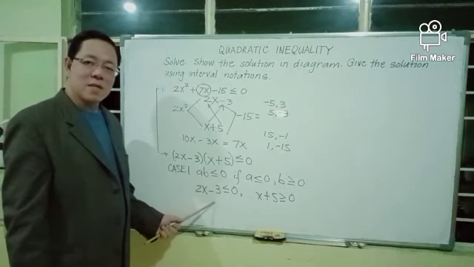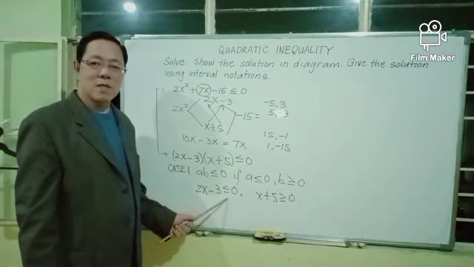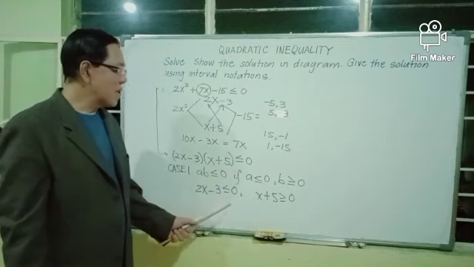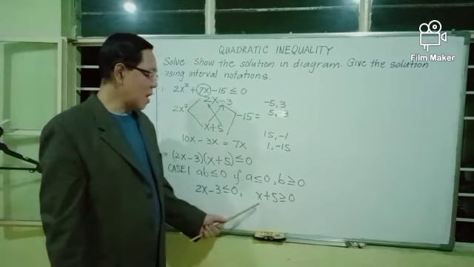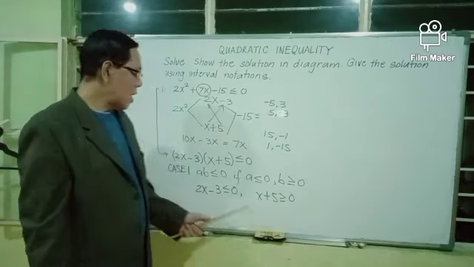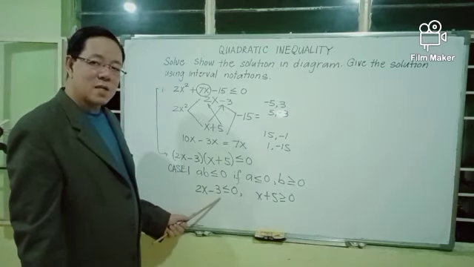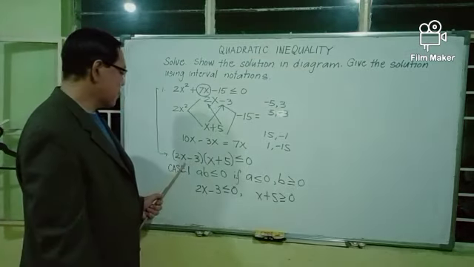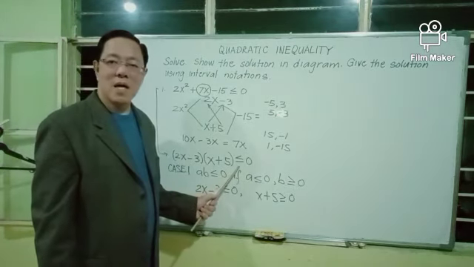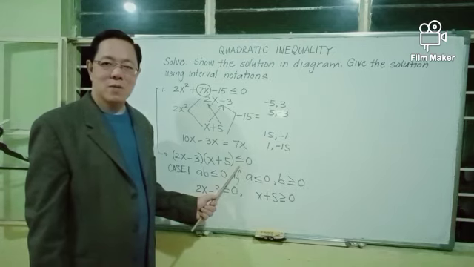If 2x minus 3 is less than or equal to 0, that is, negative, and x plus 5 is greater than or equal to 0, that means x plus 5 is positive, and you multiply 2x minus 3, which is negative, by x plus 5, which is positive, the product will be negative or less than or equal to 0.